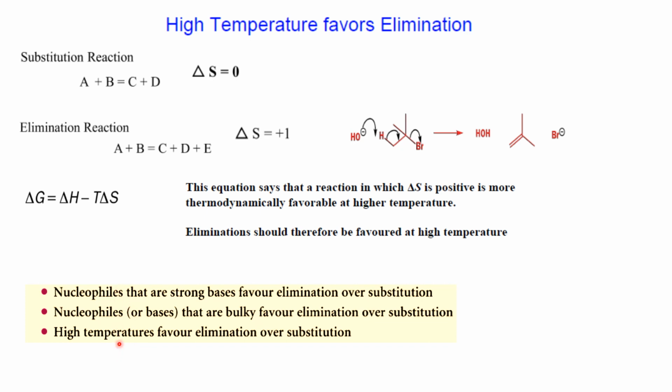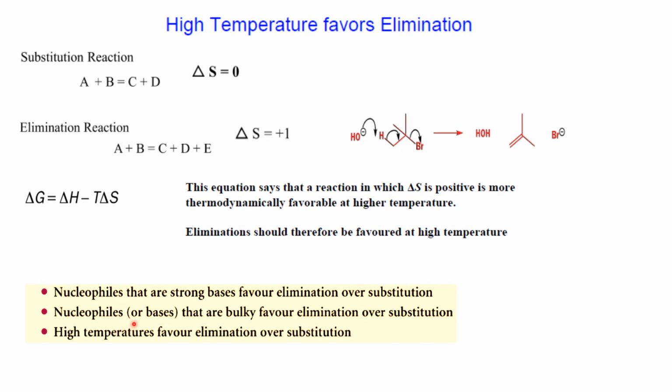That is how you distinguish between elimination and substitution reaction. Also, if you are provided with a substrate, you can arrive at a conclusion whether the substrate will undergo elimination or substitution based on these factors.